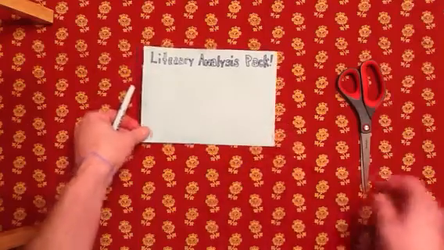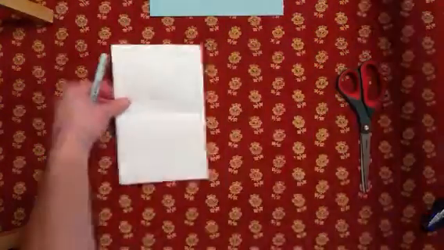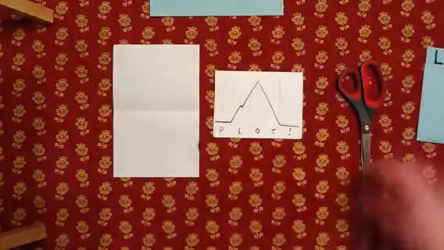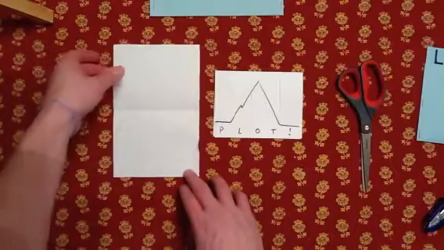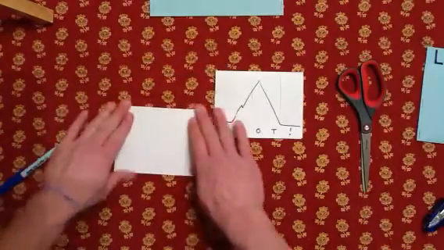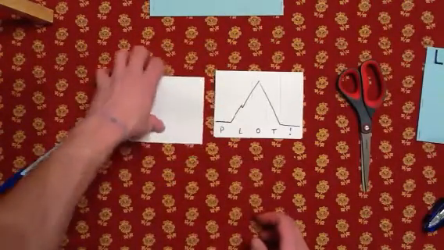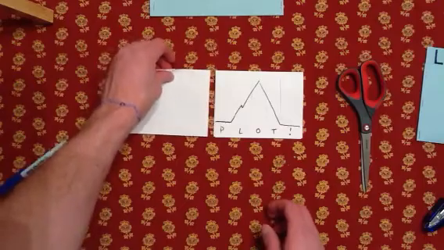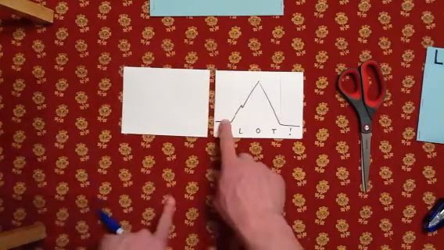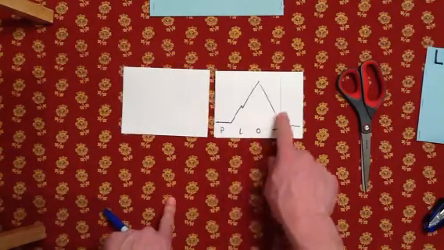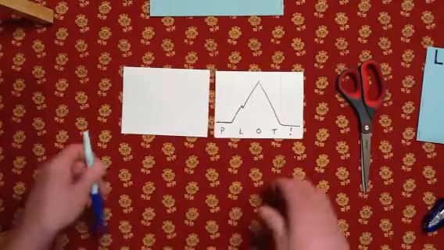Now, first thing I'm going to do is create this plot map. This one's pretty simple. You have a white sheet of paper on your desk, and all I want you to do is fold it over, hamburger style. And you're going to want to divide it into 5 parts. Now, I don't know how to do that really.